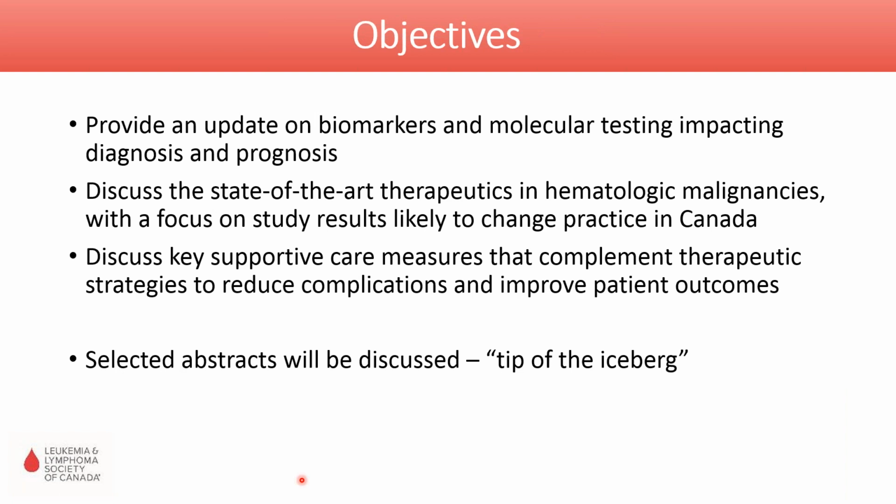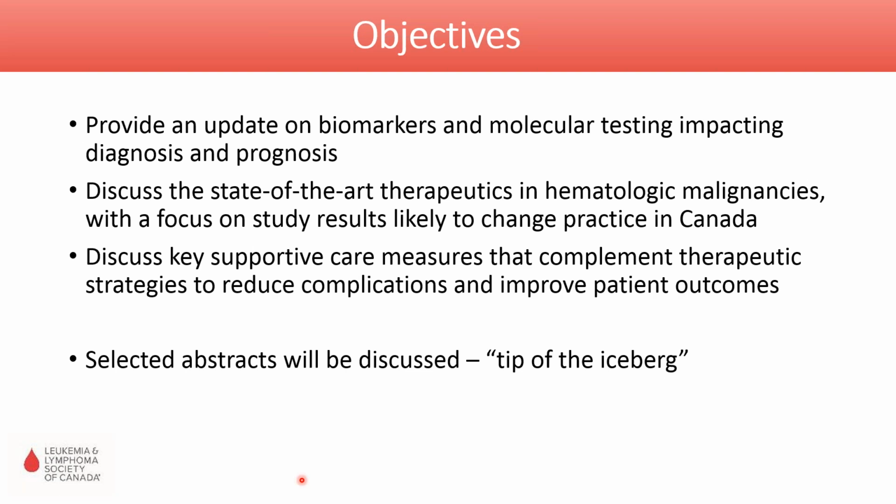The abstracts that I have selected, I think, will be of interest to many people across Canada. And really, I'm going to touch upon a few things. One is to look at biomarkers and molecular testing at the diagnosis and prognostic level of patients with hematological malignancies.